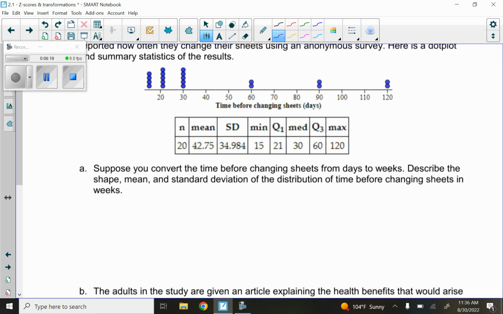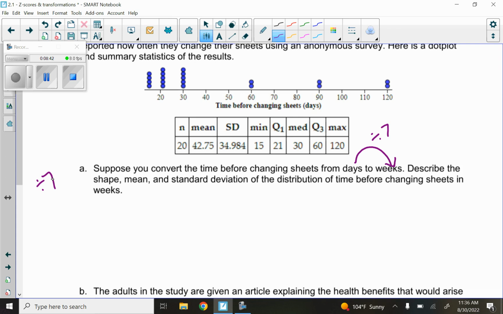So let's think about that. If we're going from days to weeks, well, how many days are in a week? 7. So we would need to divide by 7.